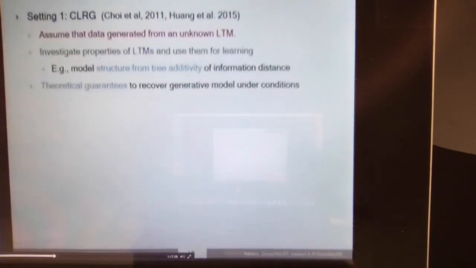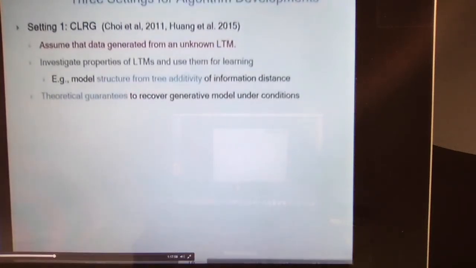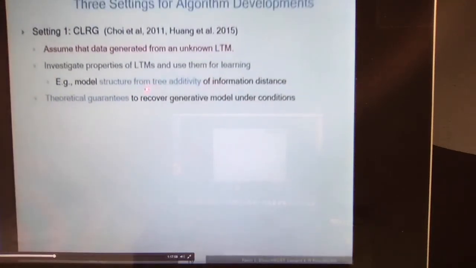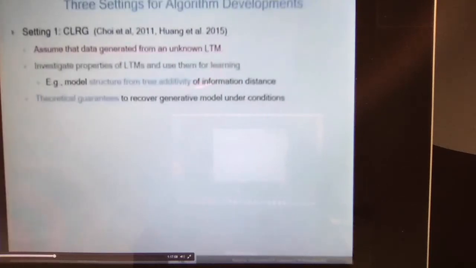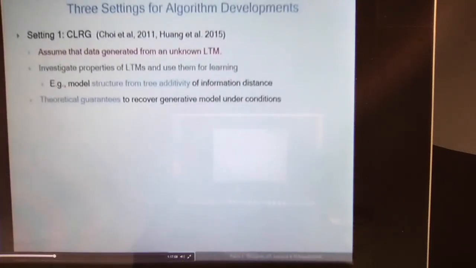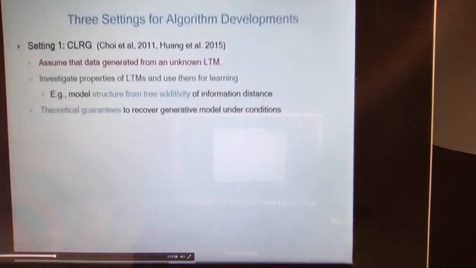For example, it is known that the model structure can be recovered from something called the tree additivity of information distances, which can be estimated directly from the data. In this setting, you can provide some theoretical guarantees to recover the generative model under some conditions.